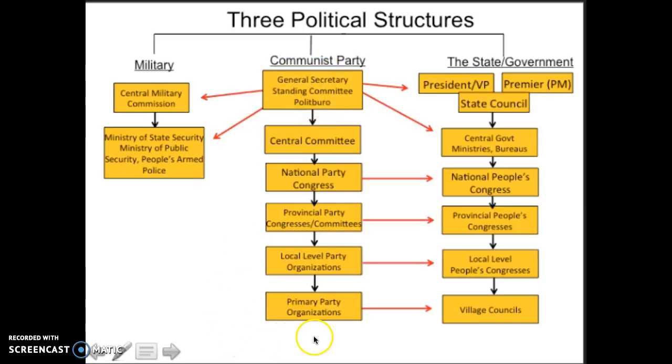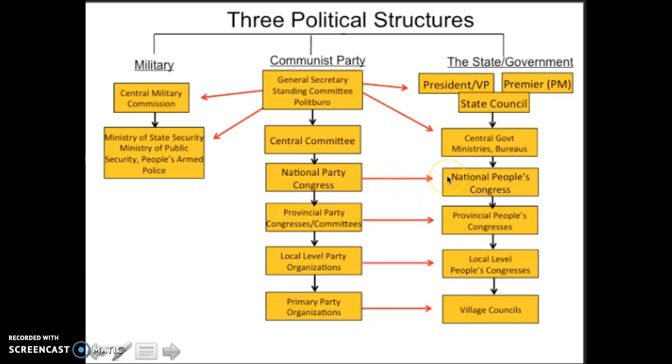Now, coming right back down here, you have your primary party organizations and your village councils. Remember, these people go on to elect the local level people's congresses. And then the local level people's congresses go on to pick the provincial people's congresses, and the provincial would be like our states.